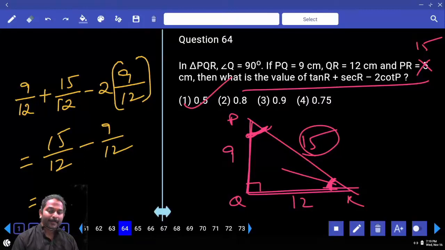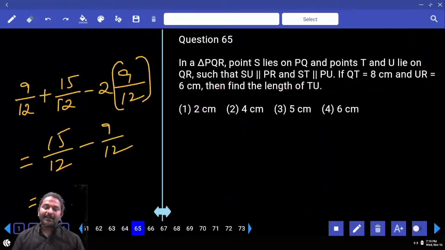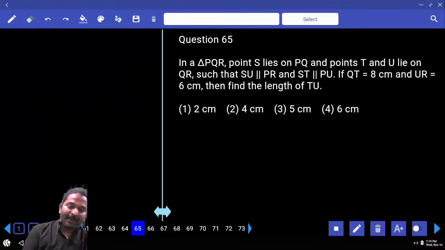Got it? In a triangle PQR, S lies on PQ and points T and U lie on QR, such that SU is parallel to PR.